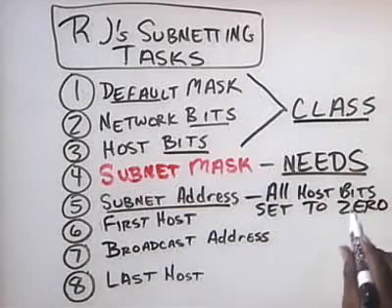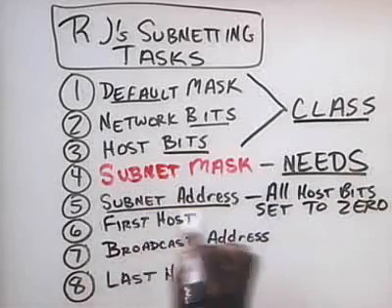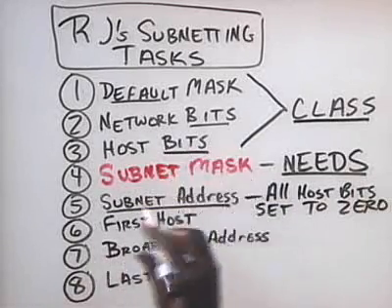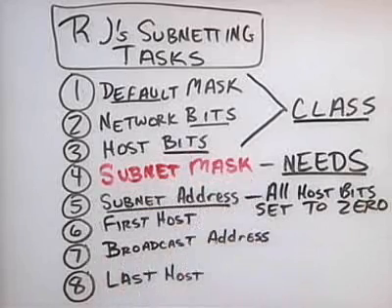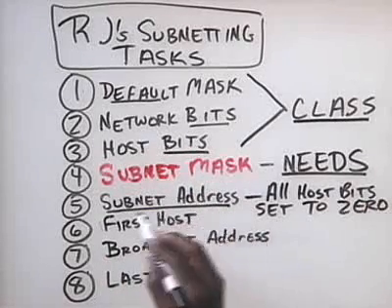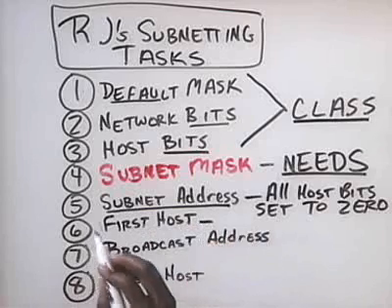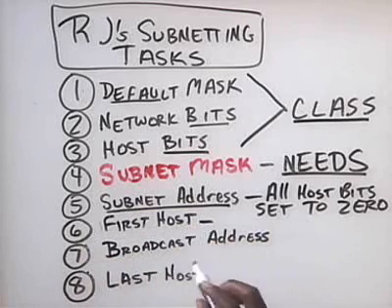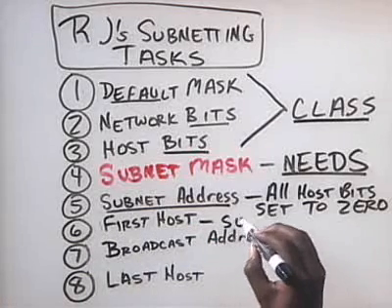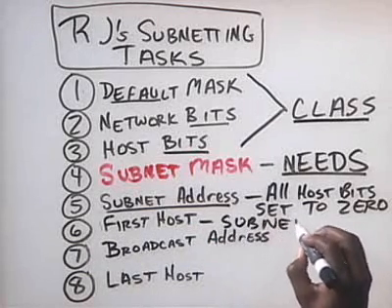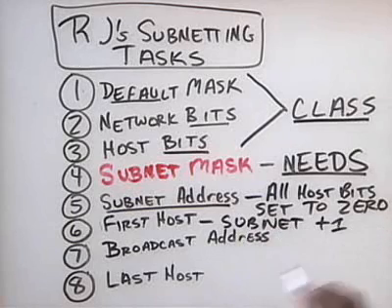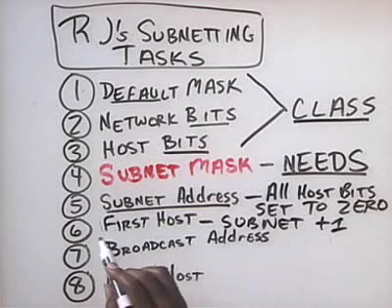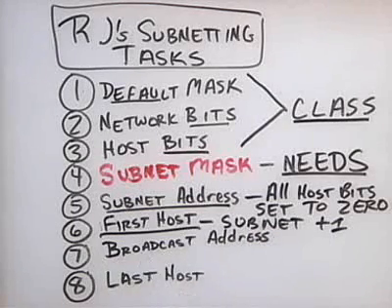We'll follow this rule in order to determine what the subnet address or the subnet number is for any given scenario or situation. And then the next rule, the first valid host address, will be the subnet address plus 1. That's the rule for finding the first host address.